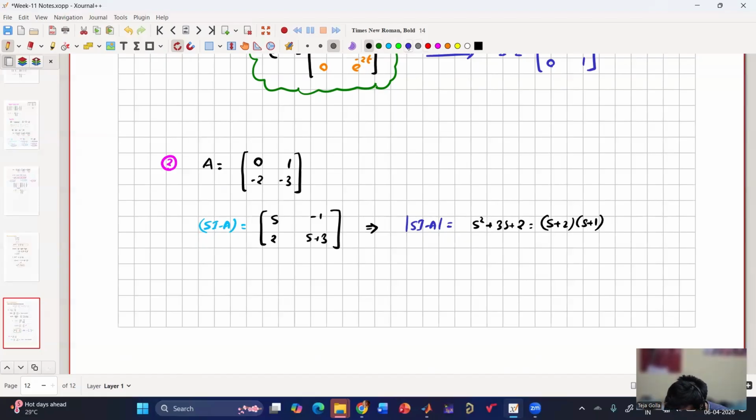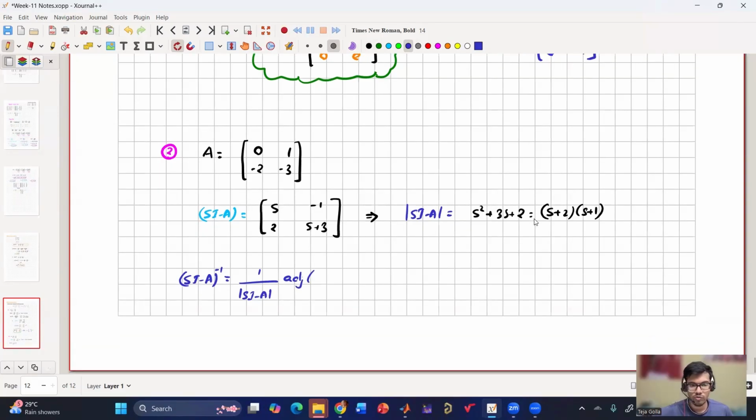Okay, now I have to calculate (sI minus A) inverse, which is 1 by determinant of sI minus A into adjoint of sI minus A. So it will be 1 by (s plus 1)(s plus 2) multiplied by s plus 3, 1, minus 2, and then s.